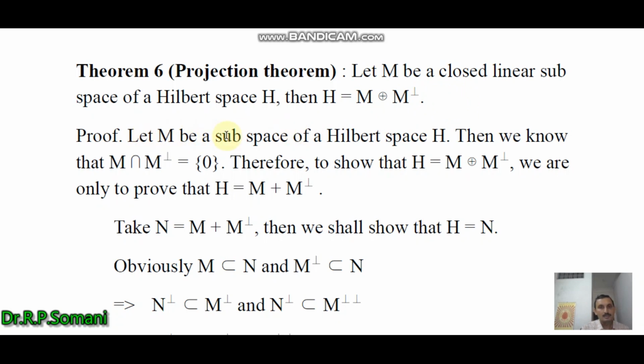Let M be a subspace of a Hilbert space H, then we know that M intersection M orthogonal equal to the 0 set. Therefore, to show that H equal to M direct sum M orthogonal, we only have to prove that H equal to M plus M orthogonal.